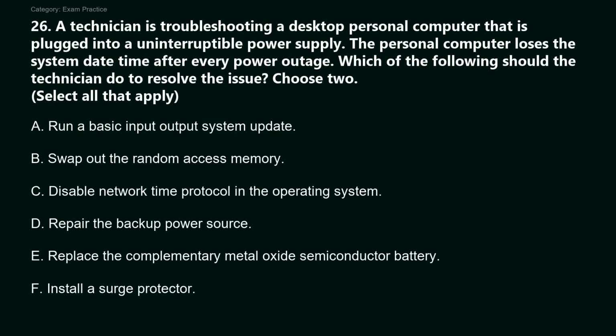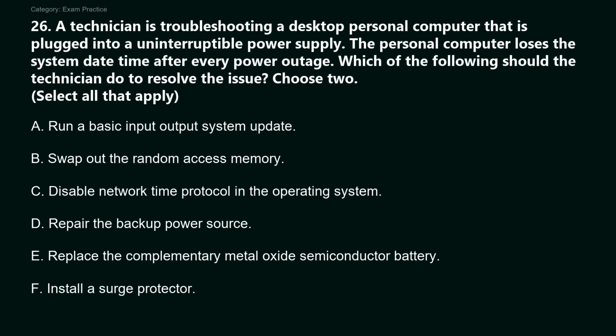Question 26. A technician is troubleshooting a desktop personal computer that is plugged into an uninterruptible power supply. The personal computer loses the system date and time after every power outage. Which of the following should the technician do to resolve the issue? Choose 2. Option A, run a basic input-output system update. Option B, swap out the random access memory. Option C, disable network time protocol in the operating system.